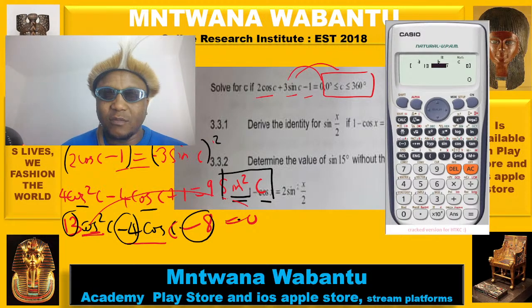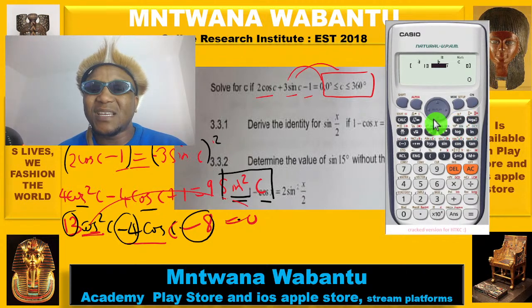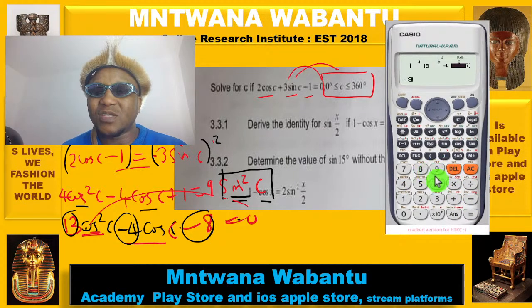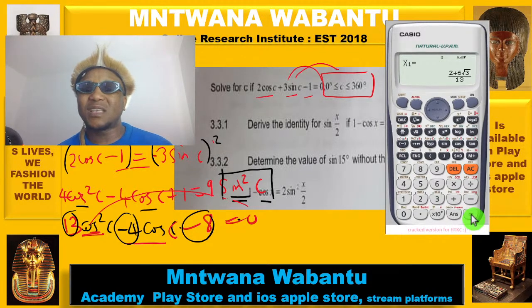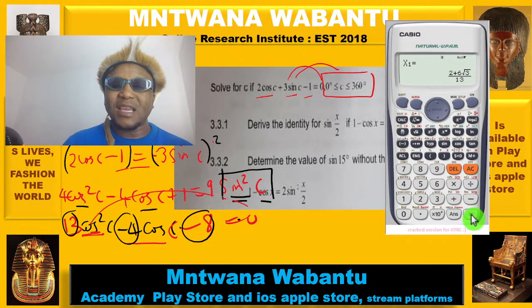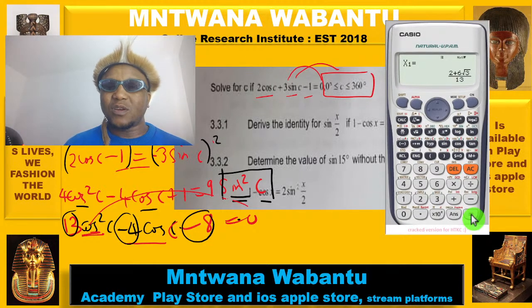My apologies. Well, that's our a, 13. I say equal, and then b equal to negative 4. So I'm going to say negative 4, and then I'll simply say equal. The last one is negative 8, and then I'll say equal, and then equal again, and then it's going to give me 2 plus 6 square root of 3 over 13. Okay, so that's the first one, and the second one is the same thing but with a minus.